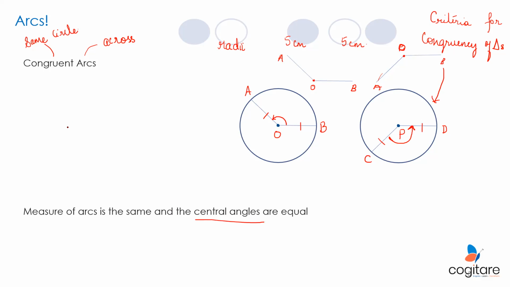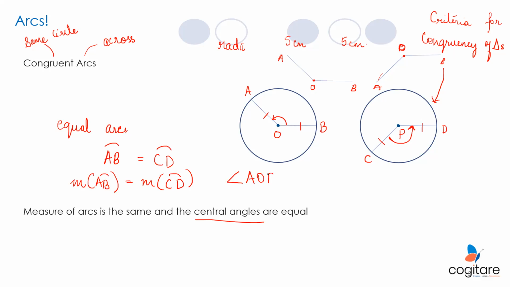Whenever we talk about congruent arcs, you can fairly assume that the measure of arc AB is equal to the measure of arc CD. Not only that, the central angle AOB will be congruent to the central angle CPD. This is something we will use in other theorems going forward.